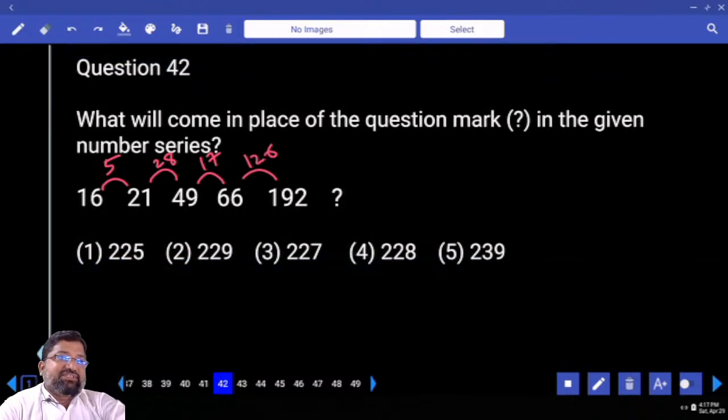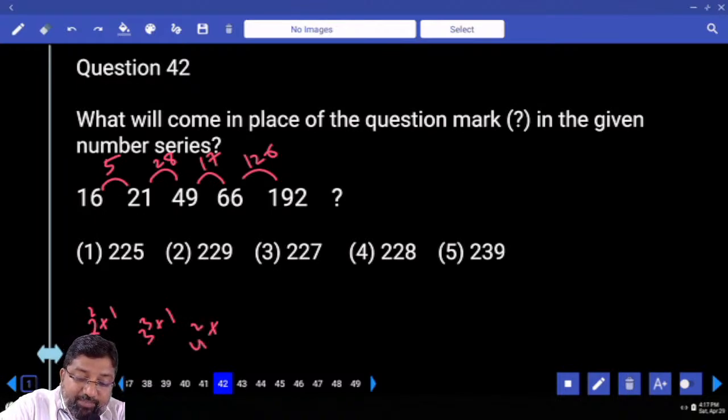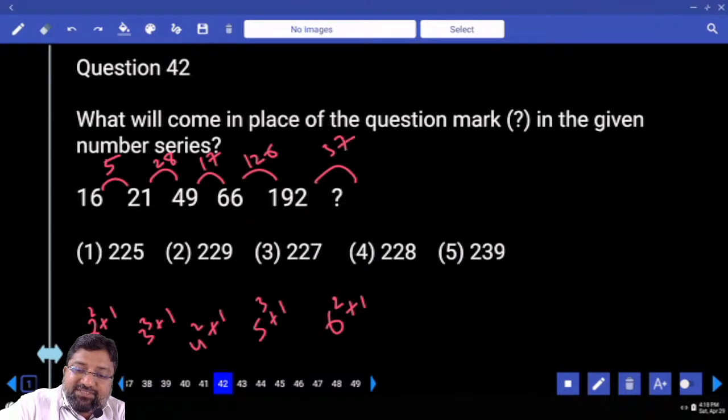Any guesses after seeing these numbers? 5 is 2 square plus 1, 28 is 3 cube plus 1, 17 is 4 square plus 1, this is 5 cube plus 1. My next number should be 6 square plus 1, it should be 37. What will be my answer?